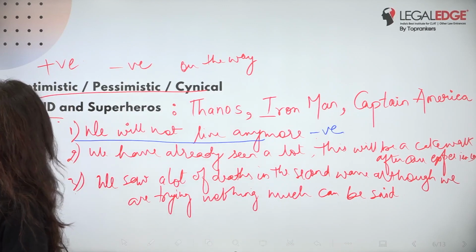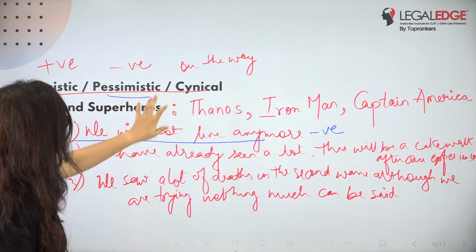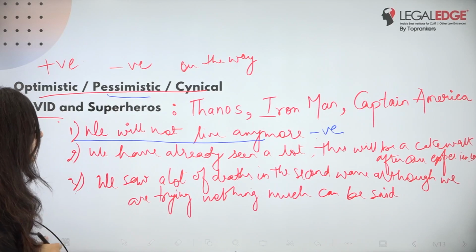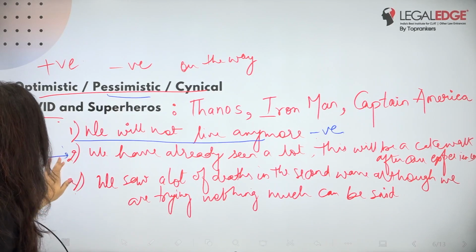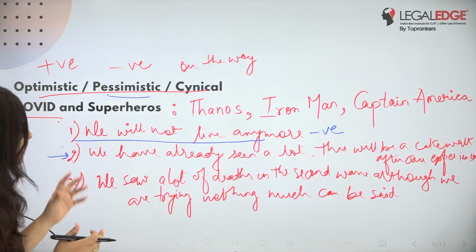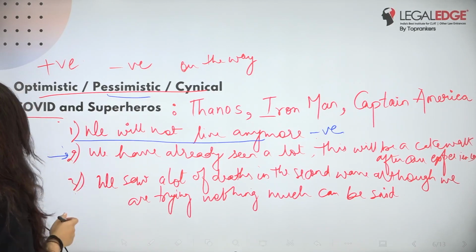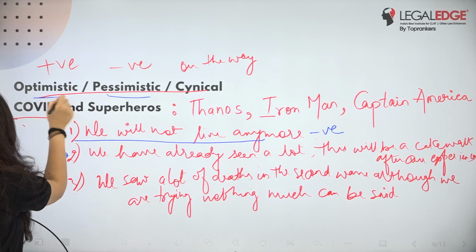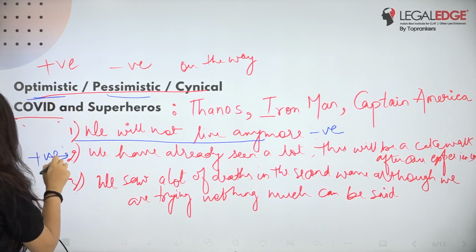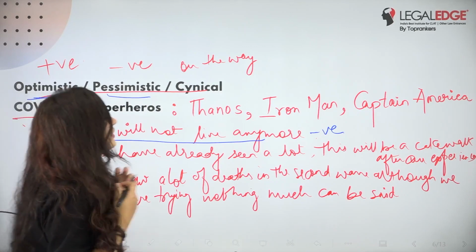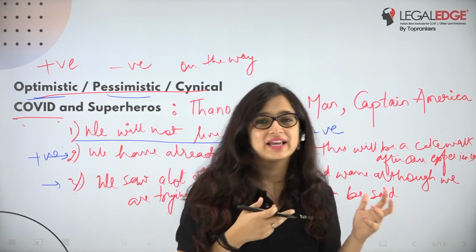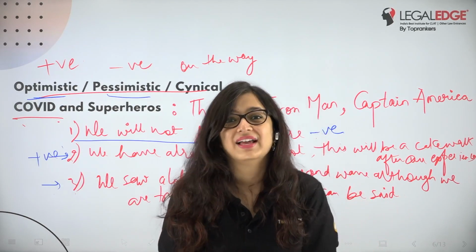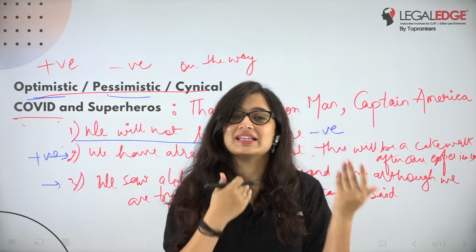Negative, that means he is pessimistic. Next, we have already seen a lot and this will be a cakewalk is optimistic, because he is positive. But the third one, he is on the way to being a little negative, but he is still unsure. That's why this is cynical.